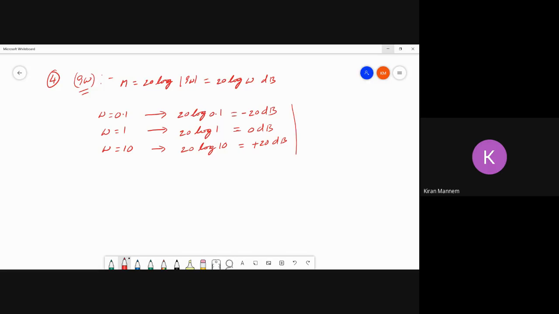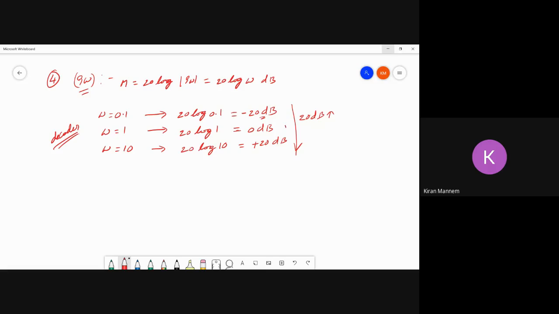Now look at all these magnitudes. When ω equal to 0.1, the magnitude is minus 20 dB. When you multiply by 10, that is, your frequency is taken in decades, and you have a change in magnitude. It went from minus 20 dB to 0 dB, or you can say there is a 20 dB increment in the magnitude.